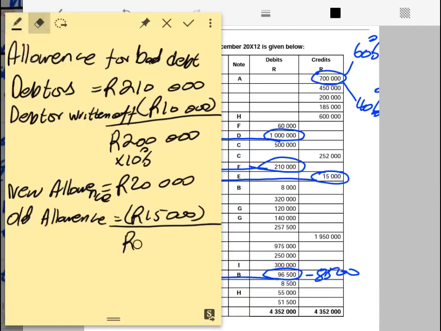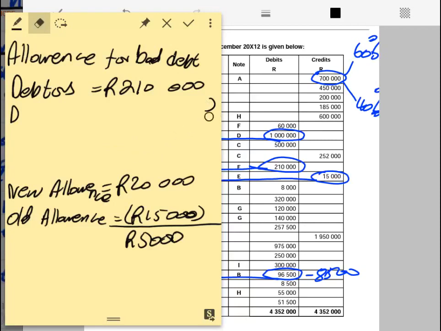So now it means the difference between the two will be 5,000 rands, because it is underestimated by 5,000 rands.